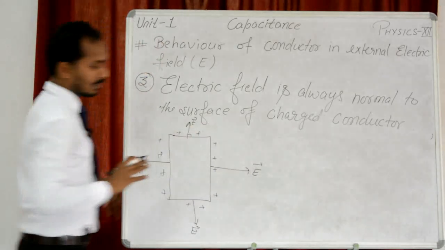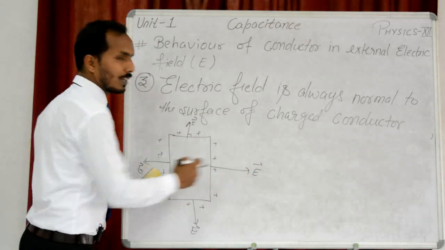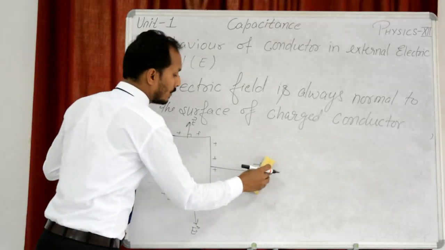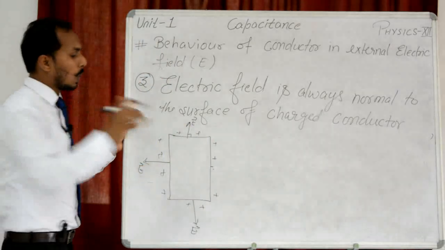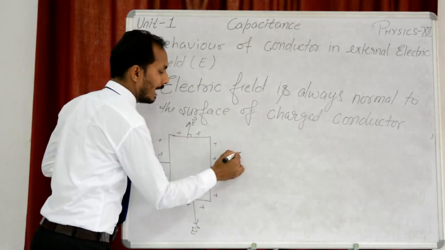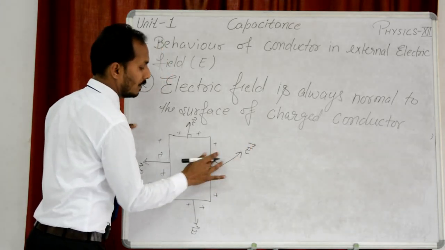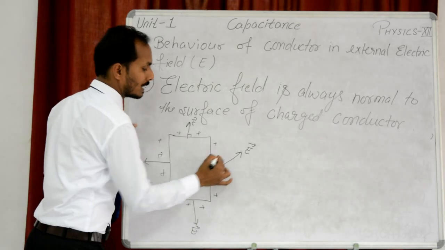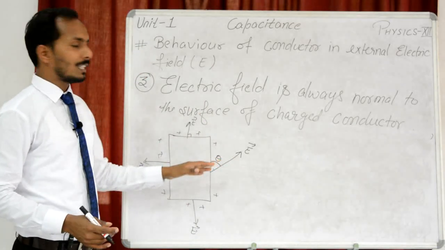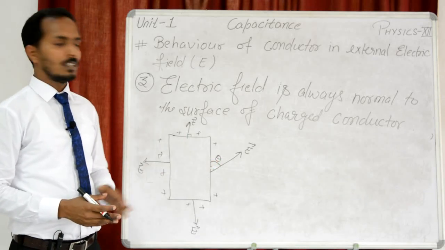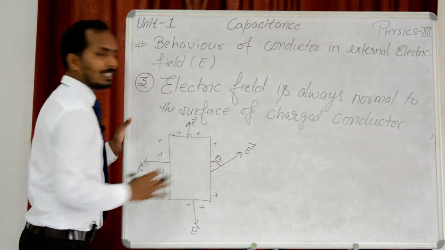Listen, I know that it is 90 degrees to the surface of the conductor, but to prove this, suppose that it is not perpendicular and the direction of the electric field makes an angle theta with the surface. Suppose it is at 30 degrees or 60 degrees; in general I am taking theta.